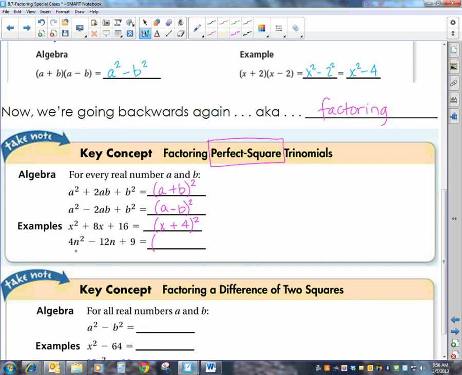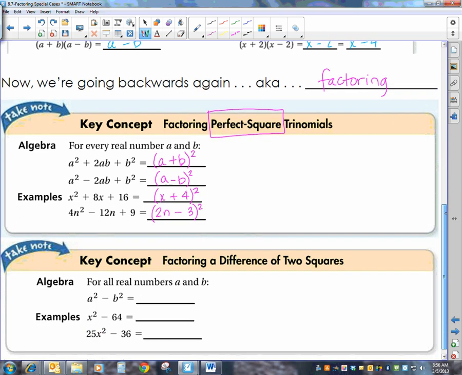Alright, take the square root of 4n squared, 2n. Take the square root of 9, which is 3. Take the sign of your middle term, and 2n times 3 is 6n times 2 is 12n, so we know that we've done that correctly.